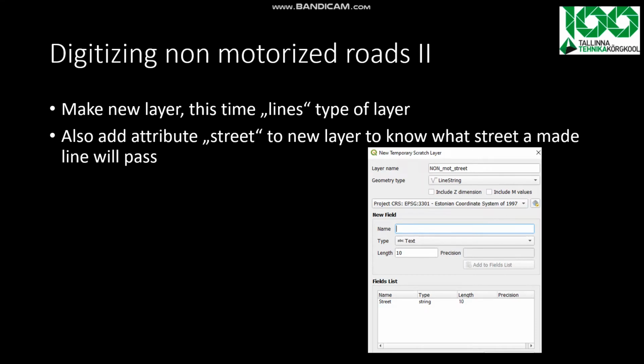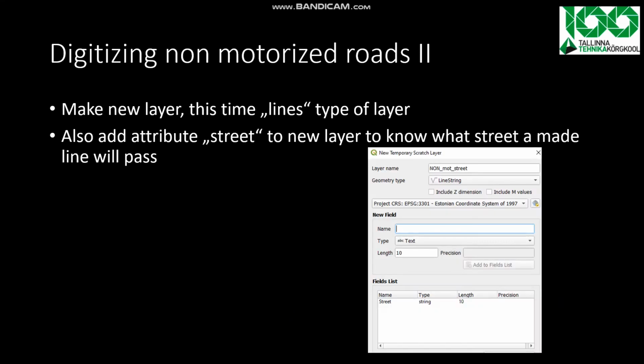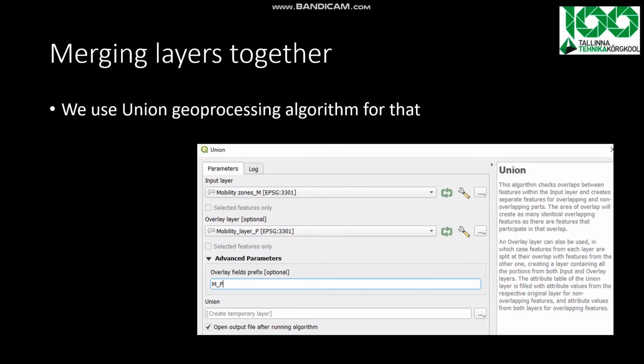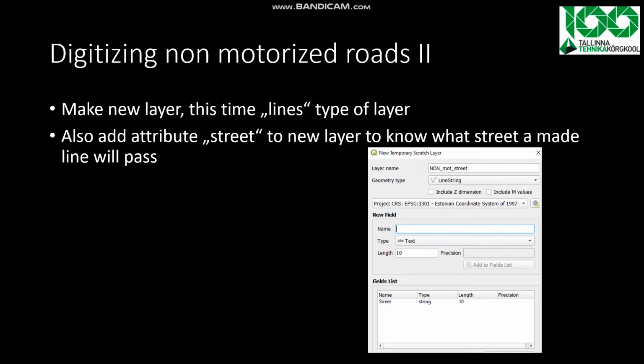When you have overlapping with many zones, you may want to use merging layers together. So you have to use the union geoprocessing algorithm for that. But when you don't have that, you could just skip that part.